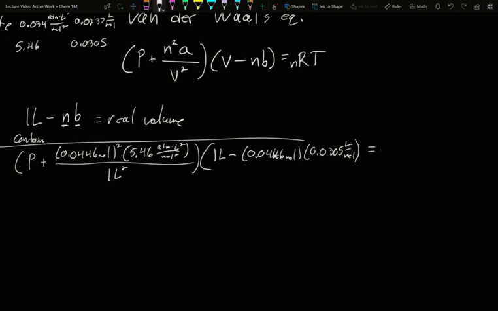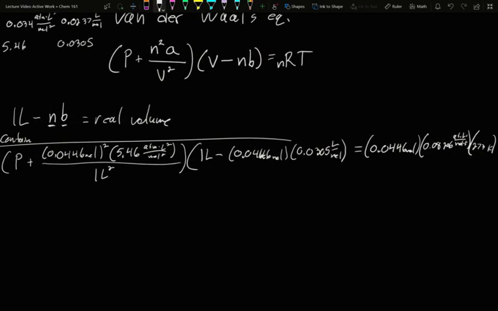All of that has to equal 0.0446 mole. Our R value of 0.08206 atmospheres liters per mole Kelvin, and our temperature, 273 Kelvin. Let's clean up our sides a little bit. This will equal 0.9991.